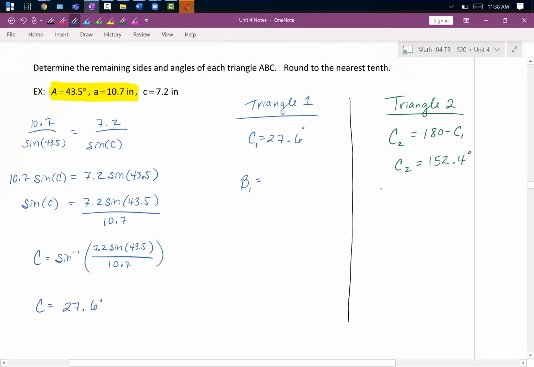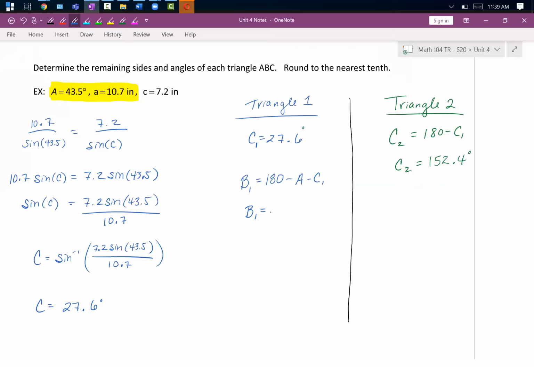So looking at triangle number 1, how do we find our angle B? Well, we know all the angles add up to be 180, so to get angle B, we're just going to take 180 minus our angle A minus our angle C, and that should give us our angle B. You'll notice that the angle A doesn't have a subscript on it because that was given to us, so there's no possibility of that varying.